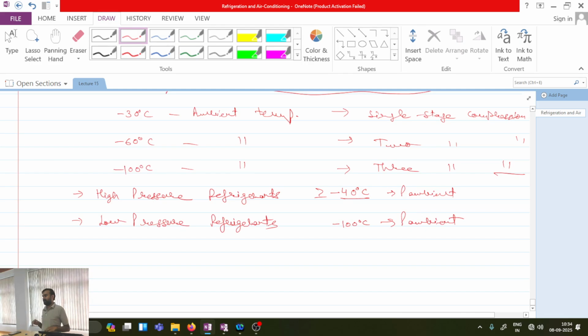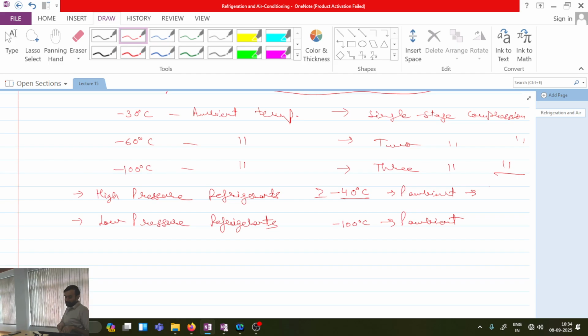It simply means that if your evaporator needs to operate at minus 30 or minus 20 degrees Celsius, the evaporator of this high pressure refrigerant will be operating at a pressure greater than the ambient pressure. Is this point clear?